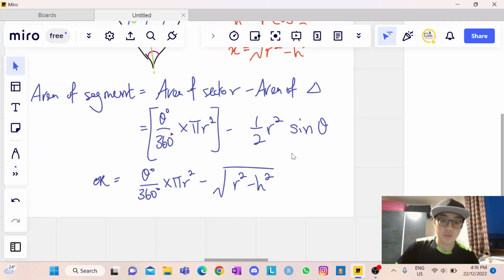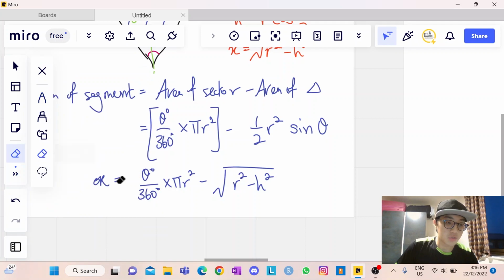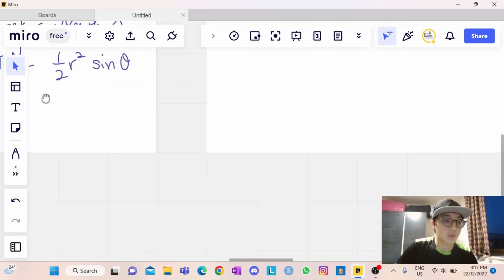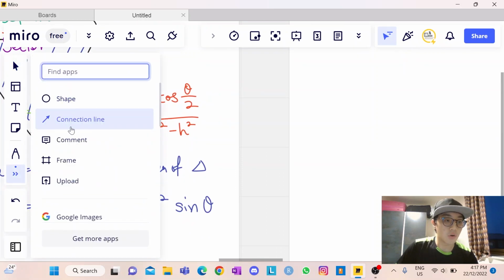I'm going to double check on this, but I'm going to bring it back when we study trigonometry later on. So I'm not going to show this right now because it looks a bit suspicious to me, and I'm going to erase this too.